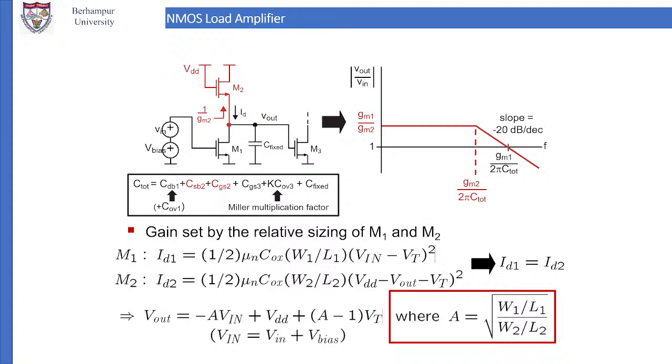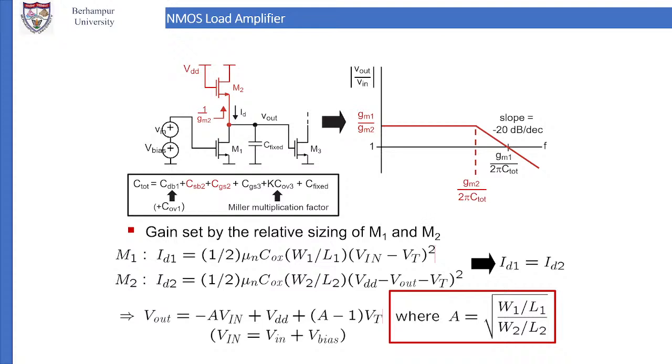The plot that we see on the right hand side, V out by V in will be approximately equal to Gm1 by Gm2. So that will be there, and the bandwidth will be Gm2 by 2 pi C total. Now if you have larger C total, then you will have smaller bandwidth. If you have smaller C total, you will have larger bandwidth.